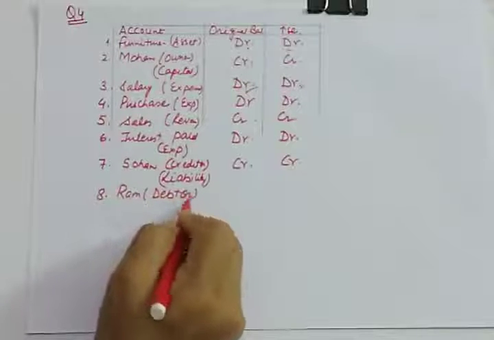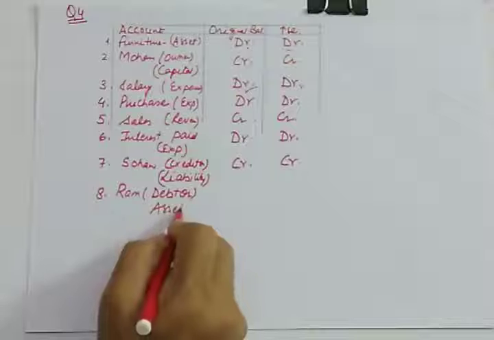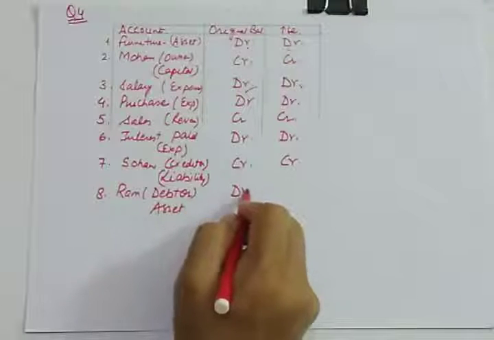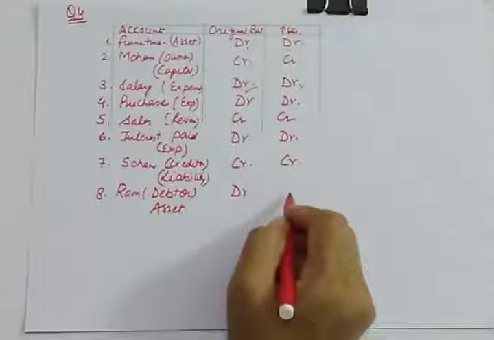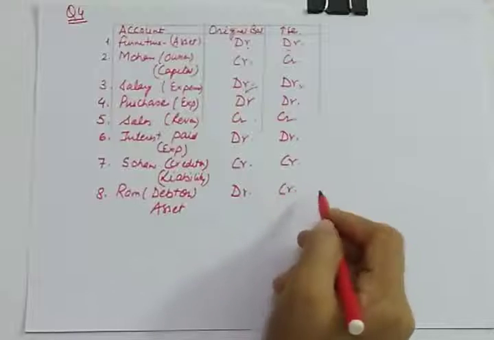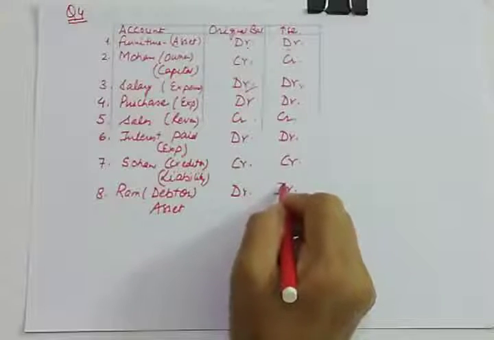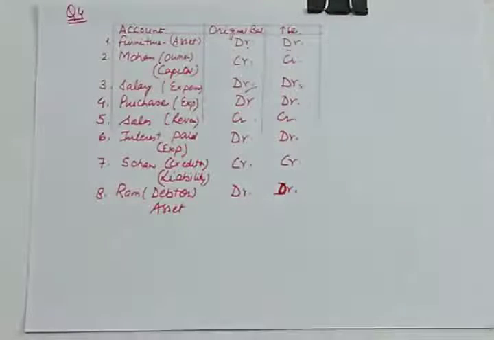Debtor means it's your asset. So what is to be done with the asset? As original balance of asset is debit, the increase is also debited. So I hope you will be able to understand the presentation and how this is to be done.